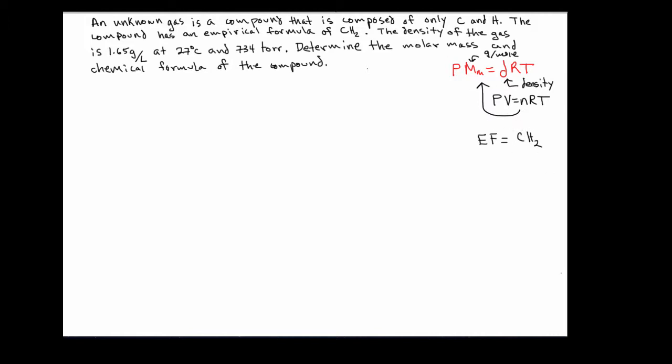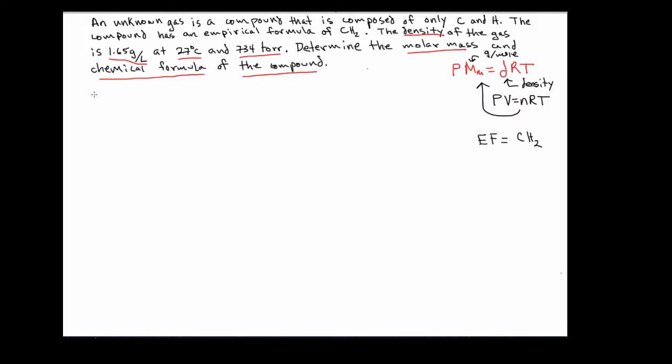Now what information do they give us in the problem? They tell us that the density of the gas is 1.65 grams per liter. They tell us the temperature of the gas is 27 degrees centigrade and the pressure is 734 torr. They want us to determine the molar mass of the gas, and they want us to find the actual chemical formula of the compound.